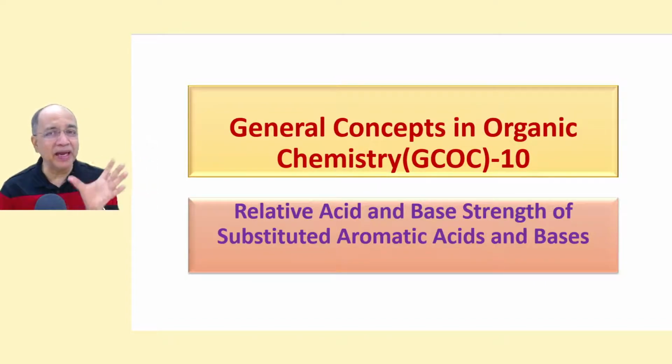And the aromatic amine that is very familiar and required in your syllabus is aniline, substituted aniline. So we are going to discuss how the substituents present at the different positions, ortho, meta, para, will influence the acid strength and base strength of the respective compounds. Let us start.